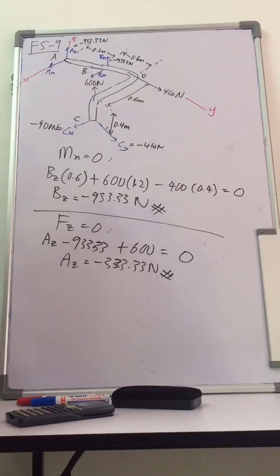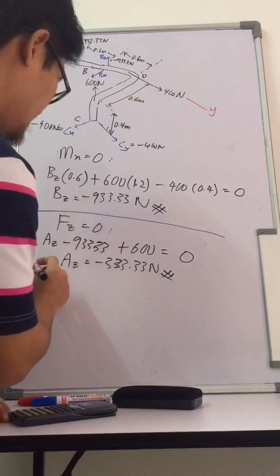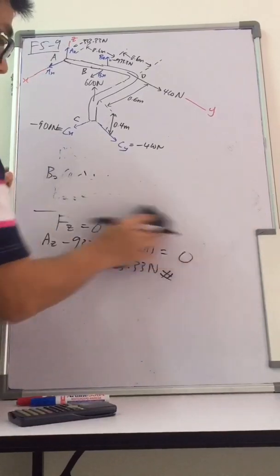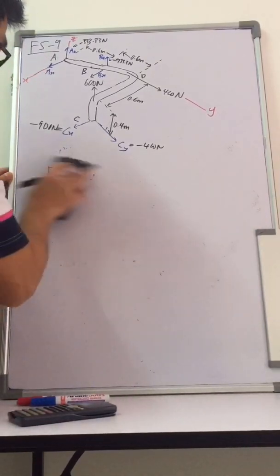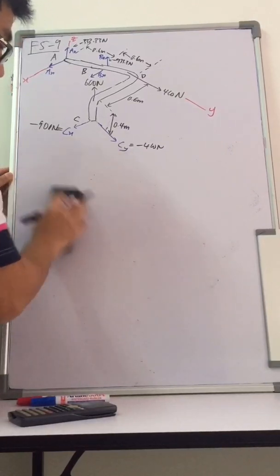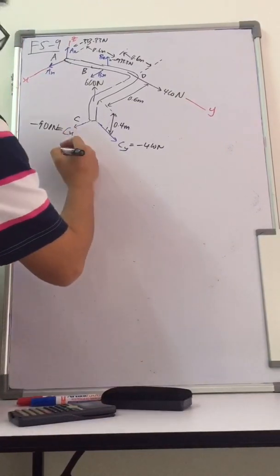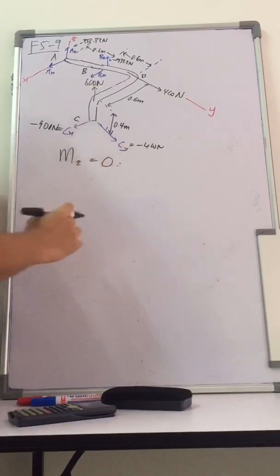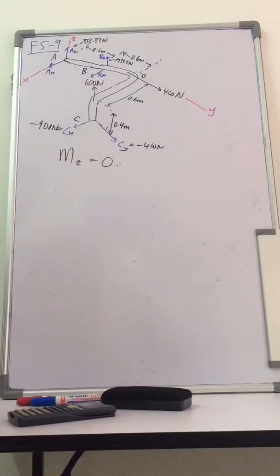So we can do moment about MZ. Let me erase this. It'll be easy. Moment about Z equals to 0.